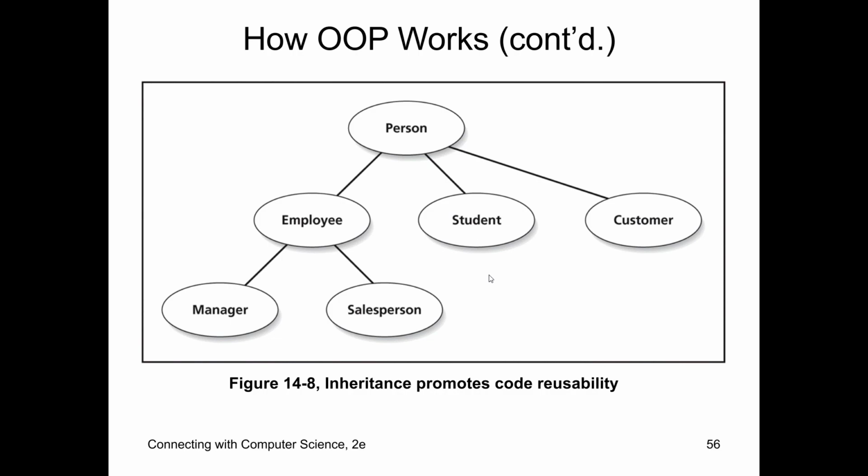They may have a teacher. There's information that pertains just to a student. There's information that pertains to a customer. And then you'll have an employee. And under an employee, you'll have a manager or a salesperson. A manager might have properties, methods, and events that allow them to have access to all the salespeople's salary or sales figures, etc., whereas a salesperson would only have information related to themselves.